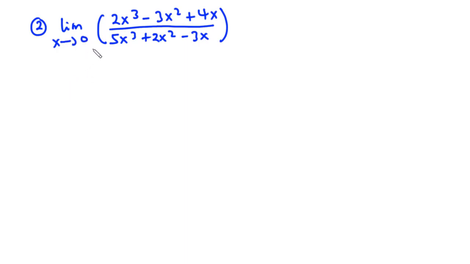Now for this function, if you put in the value 0, we are going to get the denominator to be 0, which means that we are going to get the limit to be undefined. So we are going to manipulate this rational function.